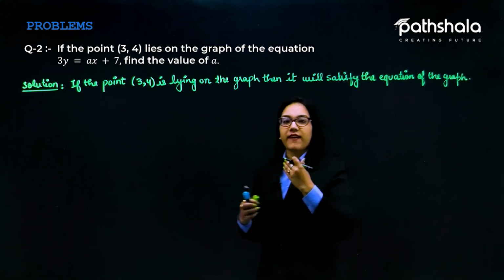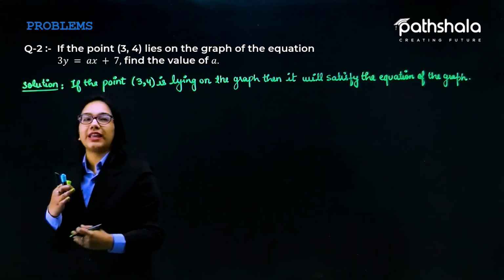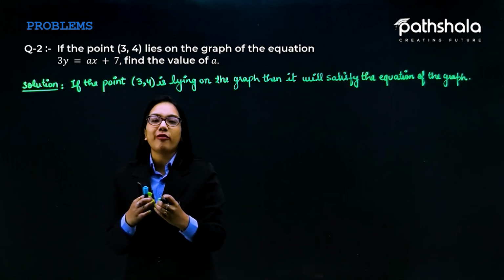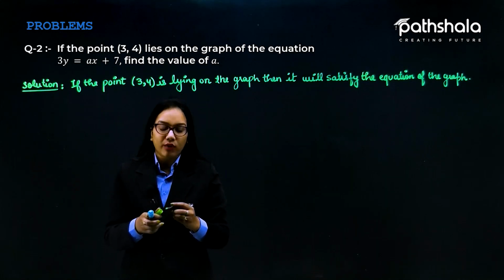So if it is satisfying the equation of the graph, it means that we can substitute the value (3, 4) in the equation in order to get the value of a.